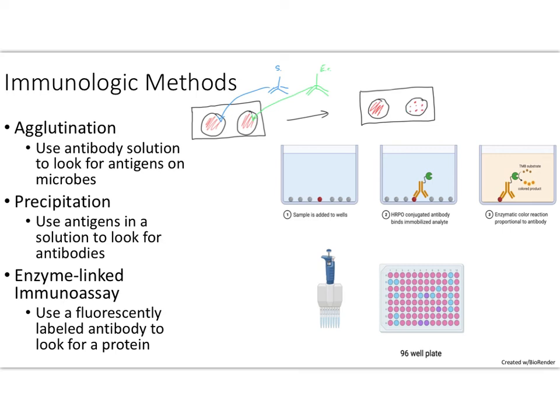This clumping occurs because the antibodies that we placed onto this sample from our patient grab onto the bacteria, gather them together, and create what we call agglutination, or they go through that process of agglutination. So they create these big clumps of bacteria, and we can visually observe those clumps form. And when we have that visual observation of clumping, we can say that they were positive for this particular organism.